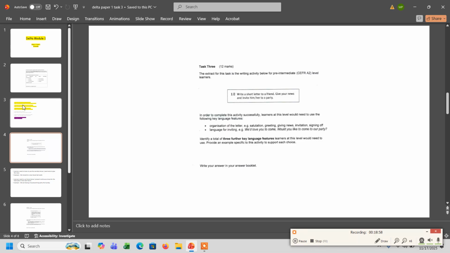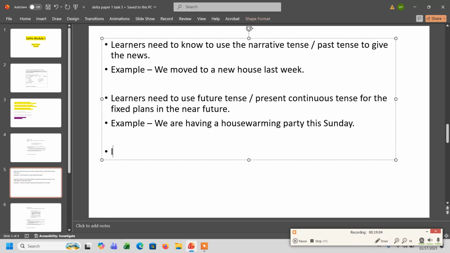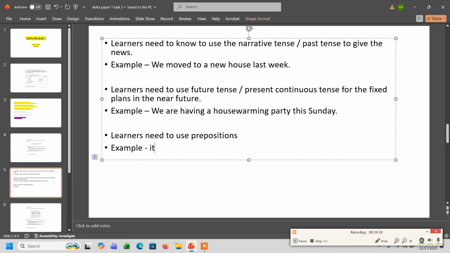You also need to put the address, or like it is on, so learners like come to the party on Sunday at 9 a.m., right? So learners need to use prepositions.